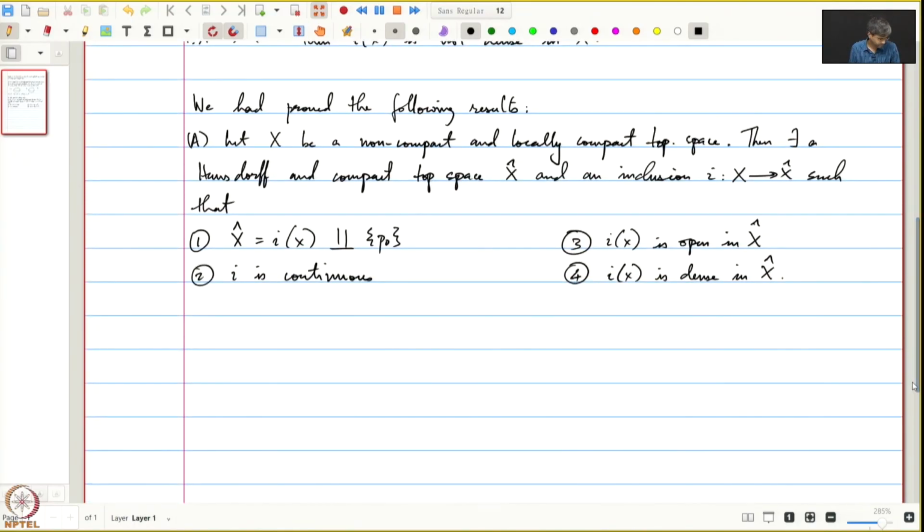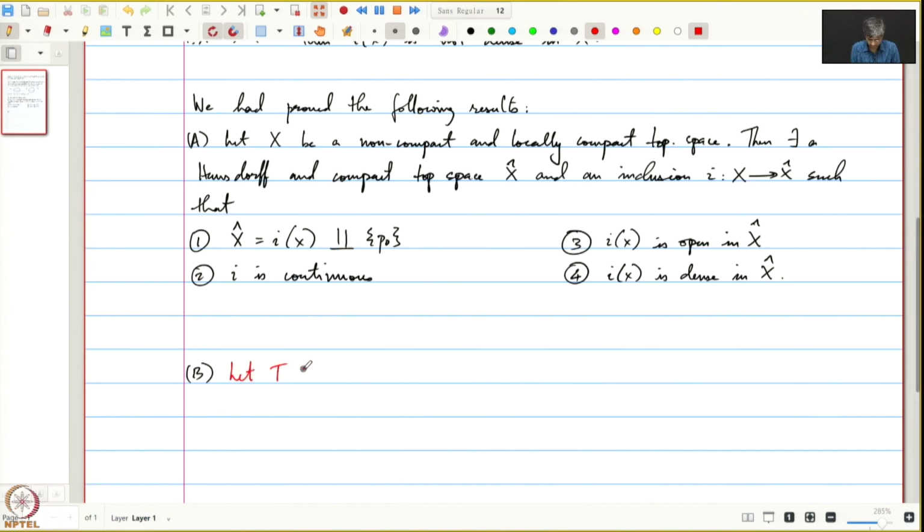And another result we had proved is the uniqueness of the one-point compactification. So let me just correct this. In the previous lecture, where we proved this result B, I had said that X has to be compact, but that's not necessary.